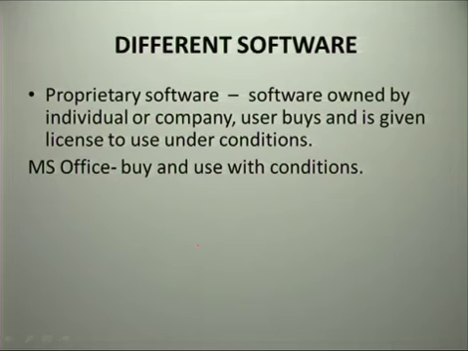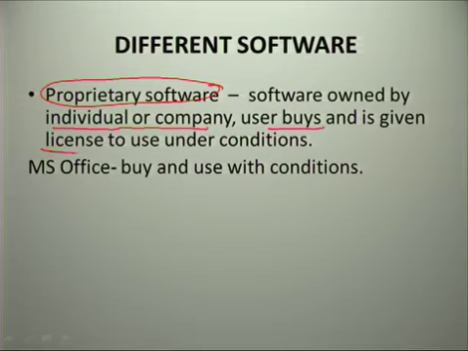Right, another type of software we have is proprietary software. Proprietary software is owned by an individual or a company, and you as a user buy and get a license to use this software. Most of the normal software that we use is like this, for example, Microsoft Office.